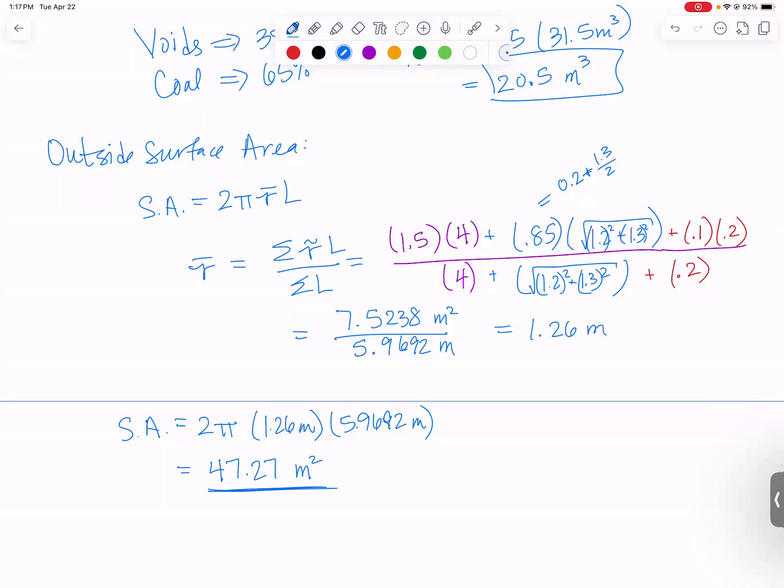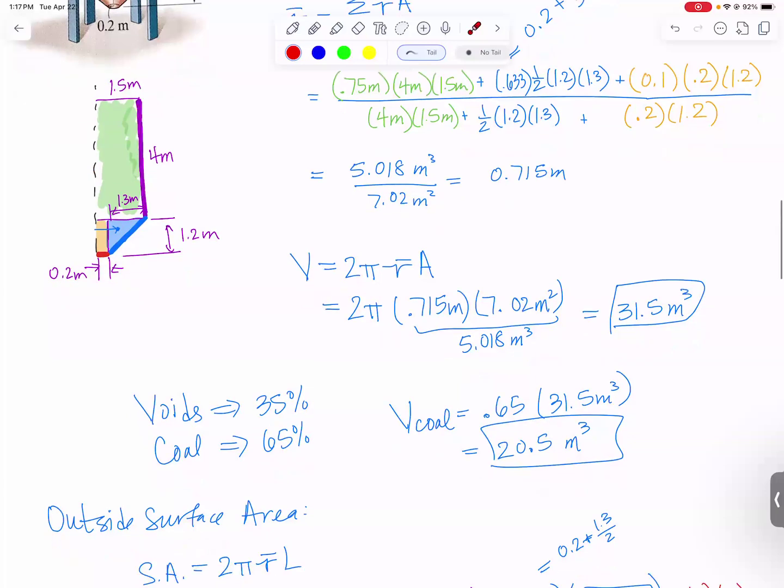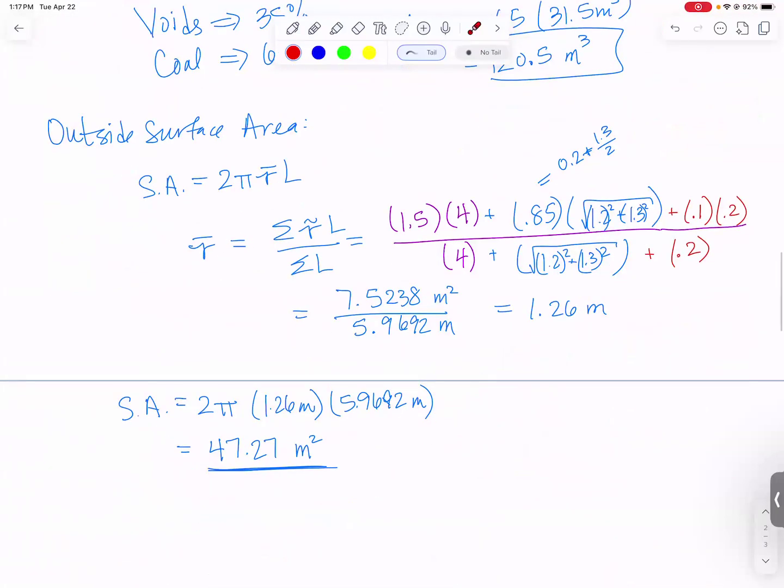Now, I learned way back when I was in geometry probably that the surface area of a cylinder is 2 pi r times the height. So let's check that. If I took 2 pi times this radius times this height, I should get something that's a little smaller than this. So 2 times pi times 1.5 times 4. Yeah, I do.